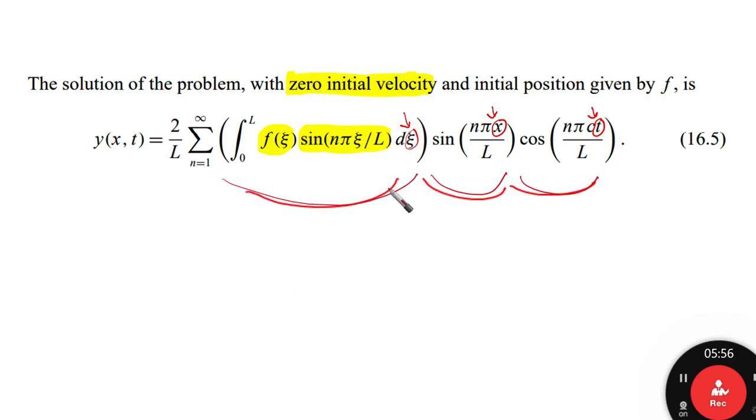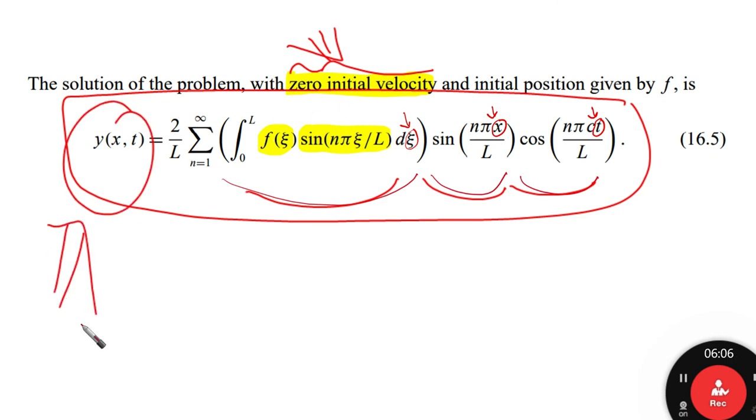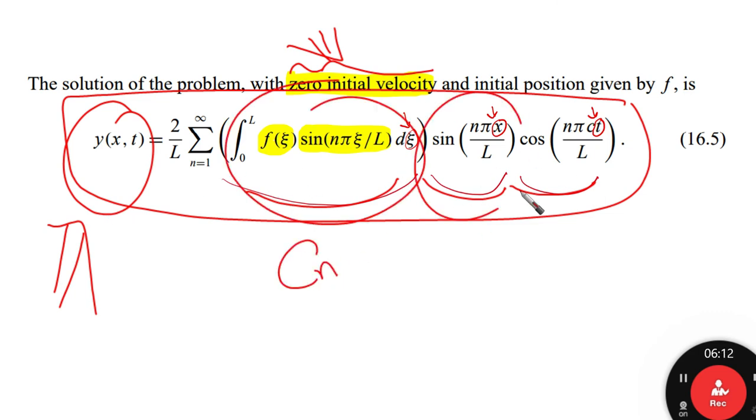Any function that has exactly zero initial velocity, we can describe easily with these three terms: Cn, and sine something with x, and cosine something with t.